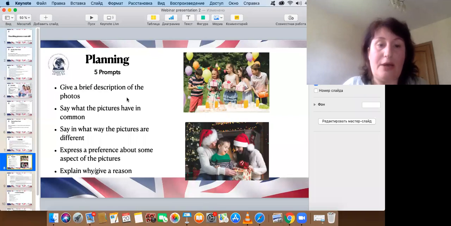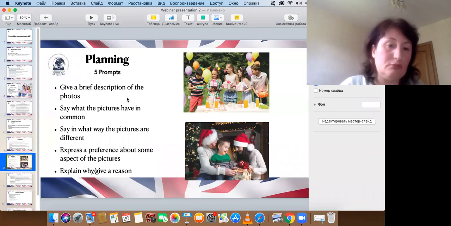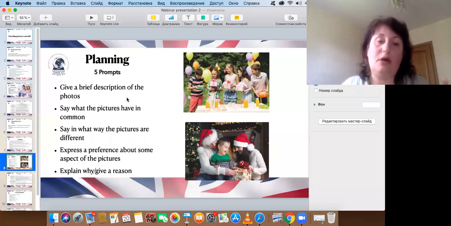When you follow these prompts, remember that in prompt number 1, you have to mention action and location. In prompt number 2, what the pictures have in common, you have to give 2 similarities.